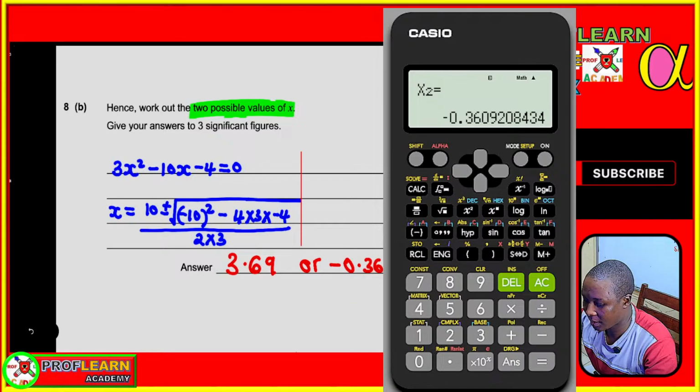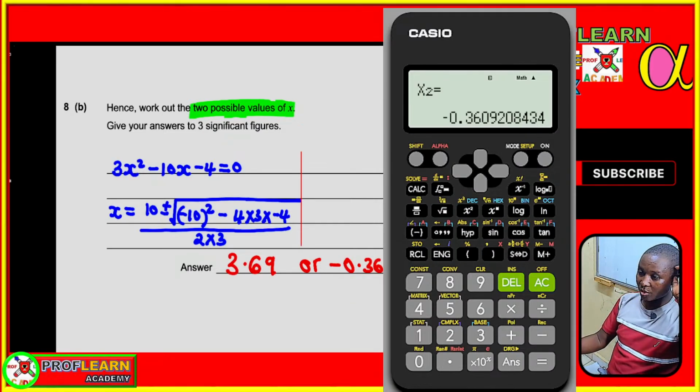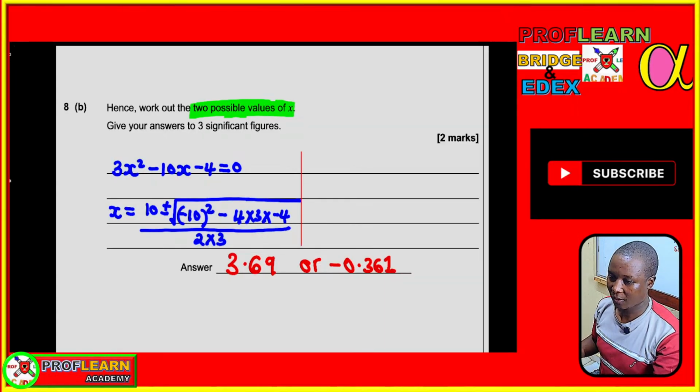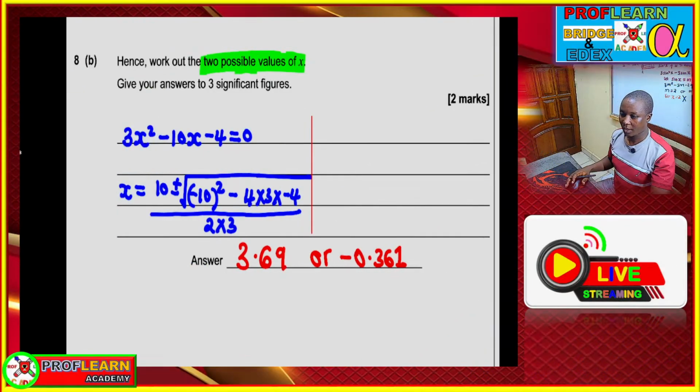So those are the answers we get from that question. And we were supposed to give our answer correct to 3 significant figures. So anytime you are given a question and you are supposed to respond to it, guys, ensure that you are giving your answer correct to 3 significant figures.